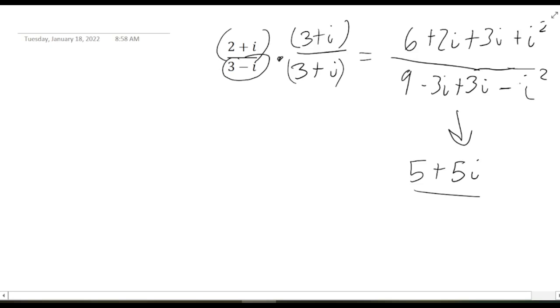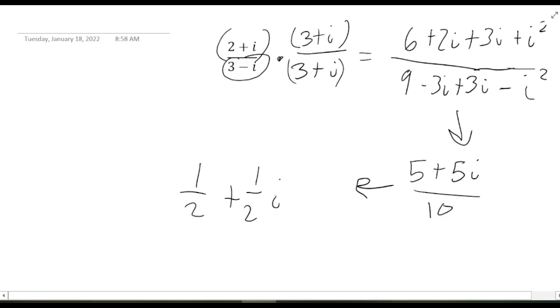And there's a minus here, so a negative and a negative would be a positive, so it would be plus 1. And then we have 9. So 9 plus 1 is 10. So this would be our answer. And we could simplify this further. We can divide by 10 on each term. So if we wanted to simplify, we would get 1/2 plus 1/2 i. And it would be in the form of a complex number, of course.